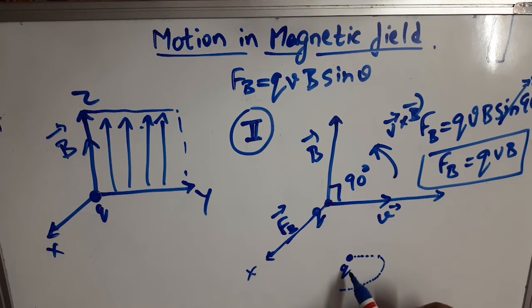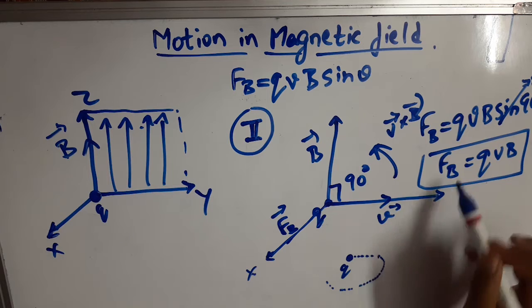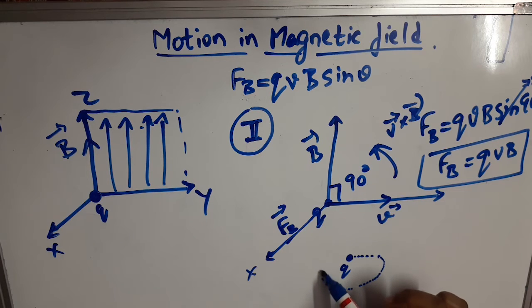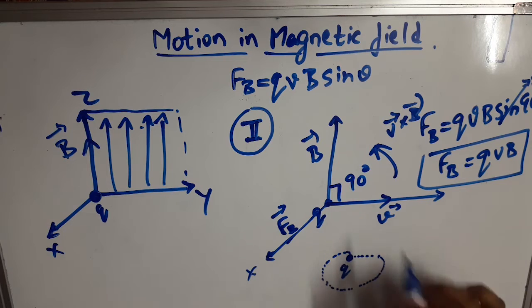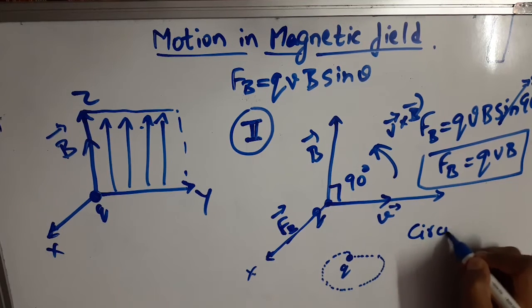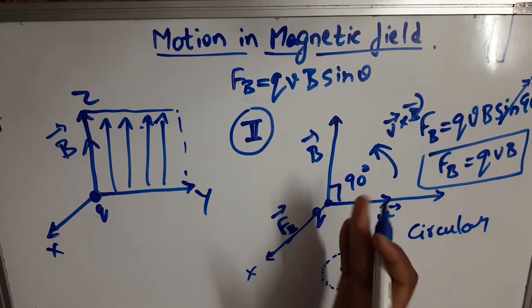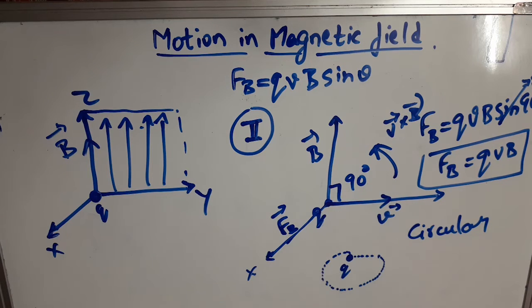Then again, due to the centripetal force, which is balanced by this force, it again revolves, and the motion continues, making it a circular motion. So in case theta is equal to 90 degrees, the particle moves in a circular fashion.